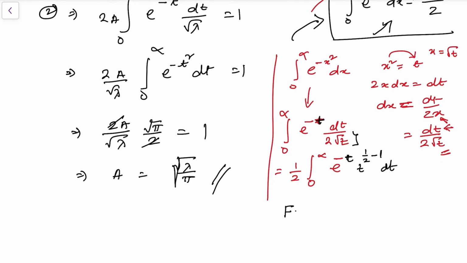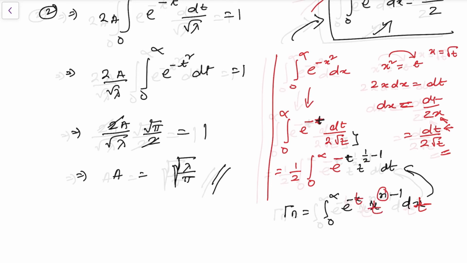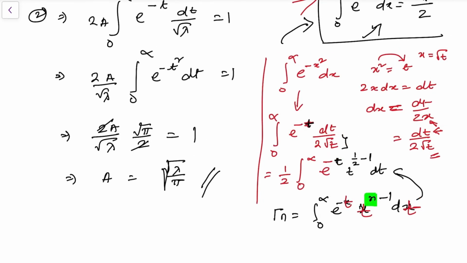Now if you know the gamma function, so gamma n is equal to integral from 0 to infinity e to the power minus x, x to the power n minus 1 dx. If you compare with this one, instead of x there is only t, that is the difference, so the expression is same, so we can compare this n with this half. Comparing these two expressions, we get n equal to half.